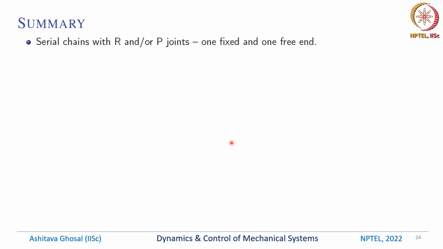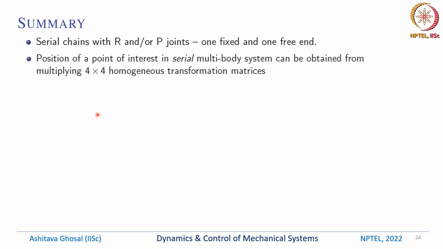So in summary, the serial chain with R and P joints has one fixed and one free end. The position of a point of interest in a serial multibody system can be obtained from multiplying 4x4 homogeneous transformation matrices. In parallel chains, there is no clear free end and there is the presence of loops.